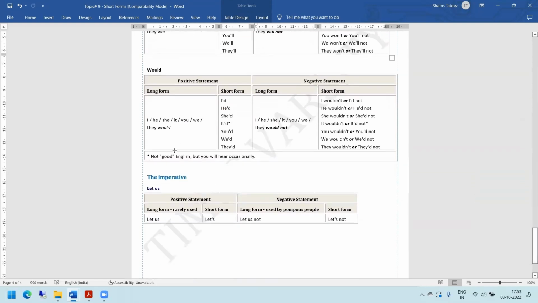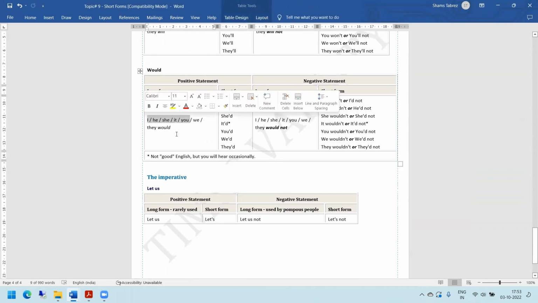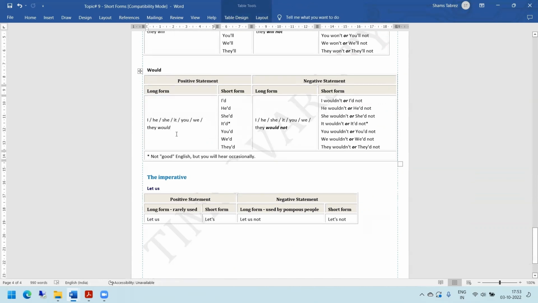Okay, and if we talk about would, all right, so I would, they would, you would be doing, for example, I would be doing this one. So you would be doing this one, right? So if we are using this modal verb, then the short form of I would will be this. He would will be this, right? So he would, you would will be this, and they would will be this. So whenever you see the star mark, it means not good English, but you will hear it occasionally.